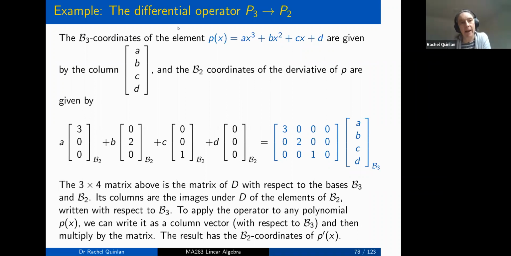So what we discover is that applying D, the differential operator, to a polynomial like this, and writing the result as a vector in P2, which means a polynomial that's at most quadratic, with respect to the basis B2, its coordinates as a column vector are a times 3, 0, 0, which are the coordinates with respect to B2 of the derivative of x cubed, the first basis element from P3, plus b times 0, 2, 0.